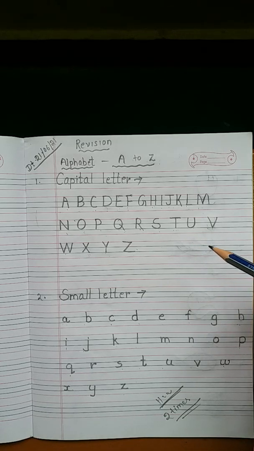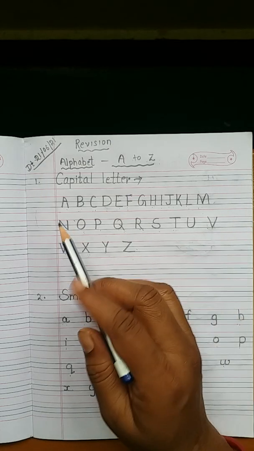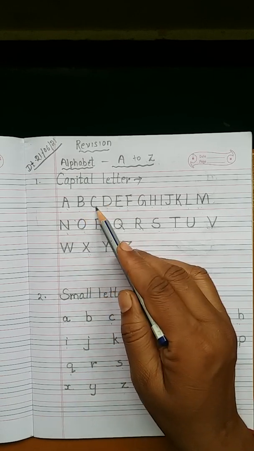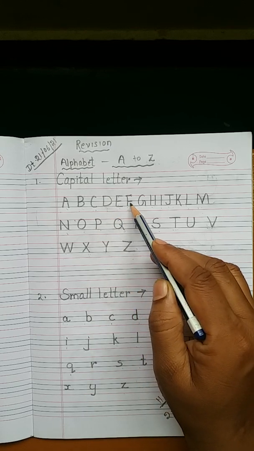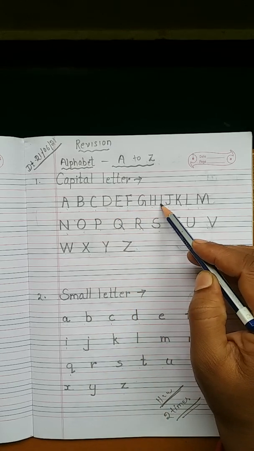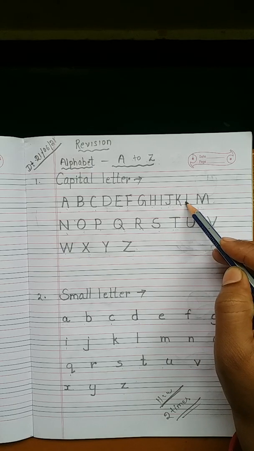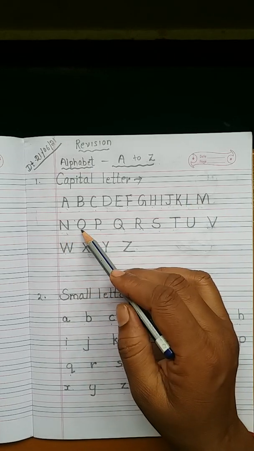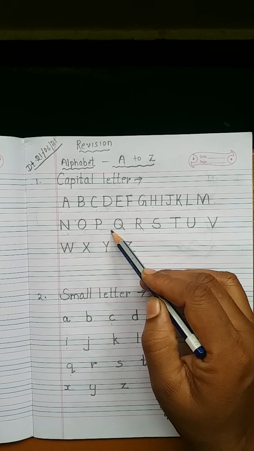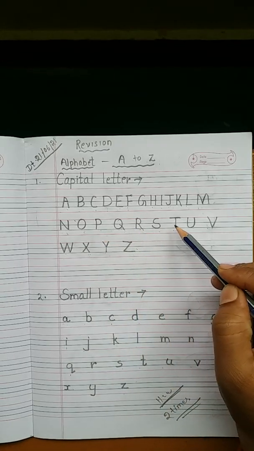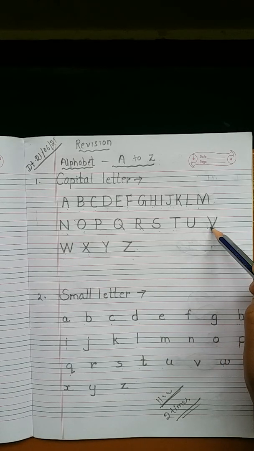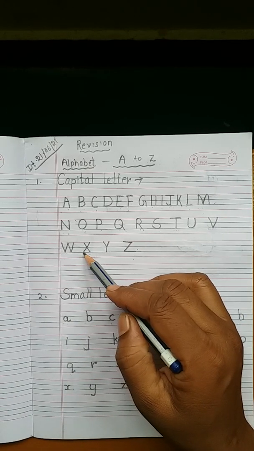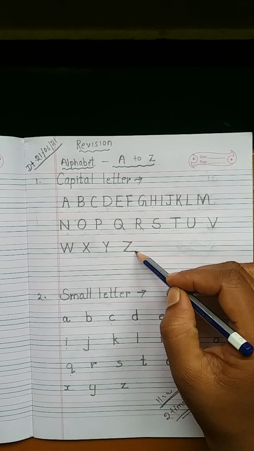Can you tell me, children, how many letters are there in the English alphabet? Yes, there are 26 letters. Let's count it. 1, 2, 3, 4, 5, 6, 7, 8, 9, 10, 11, 12, 13, 14, 15, 16, 17, 18, 19, 20, 21, 22, 23, 24, 25 and 26.